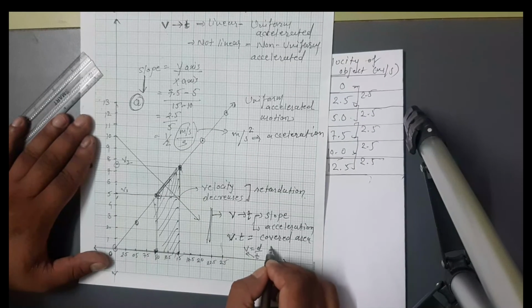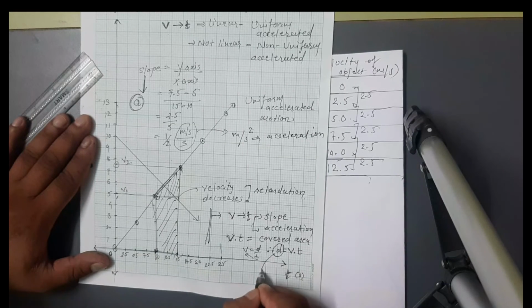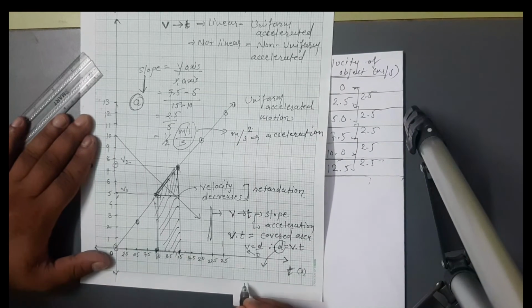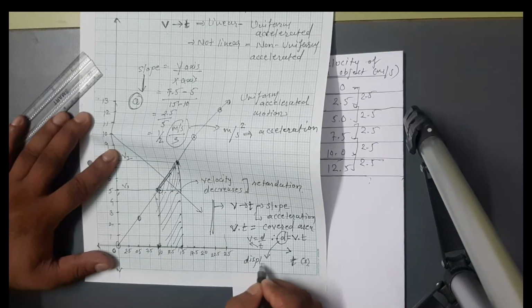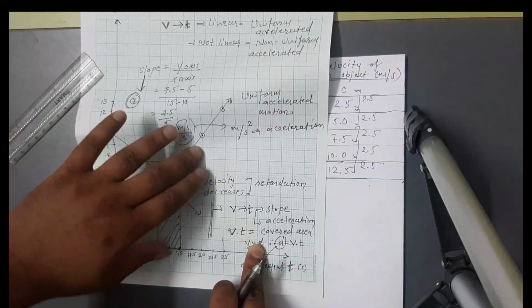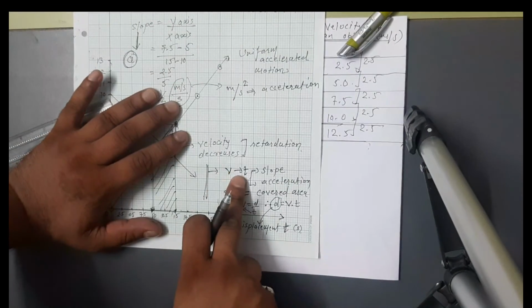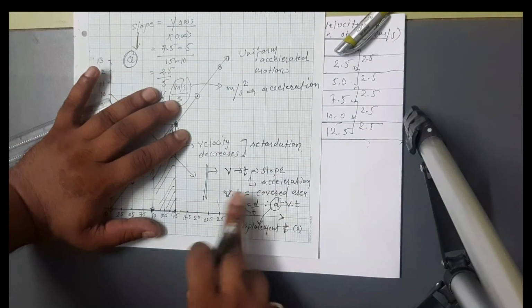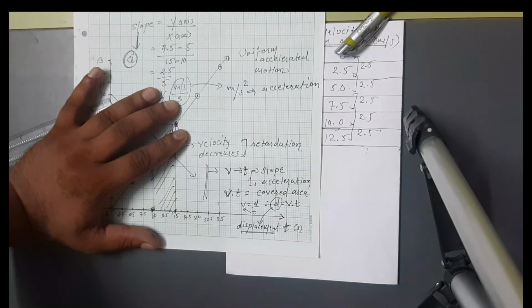From that we will get d is equal to v into t. So this is our displacement, d. So this is also important to note down, that in a graph of v against t, the covered area will give us the value of d, that is our displacement.